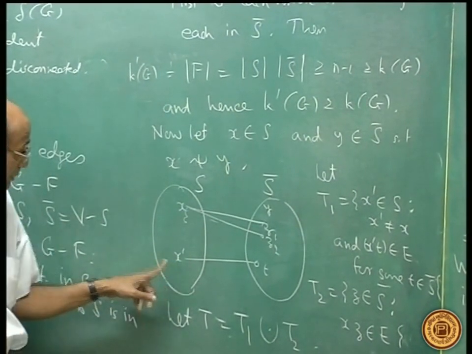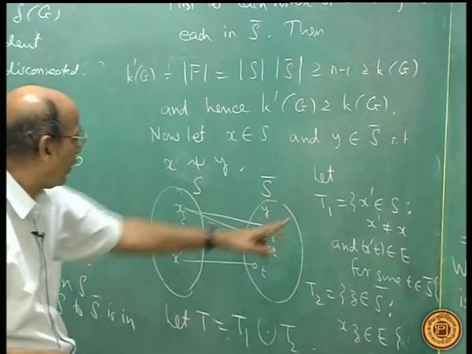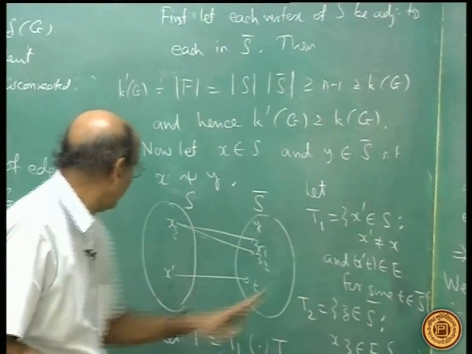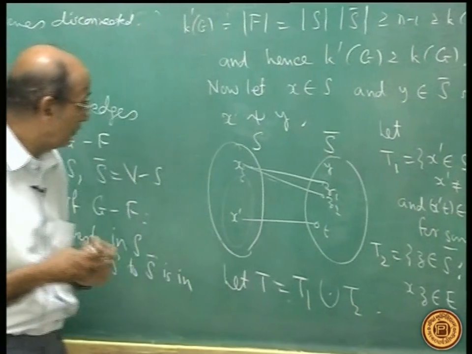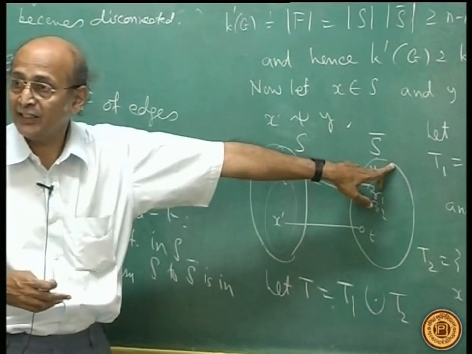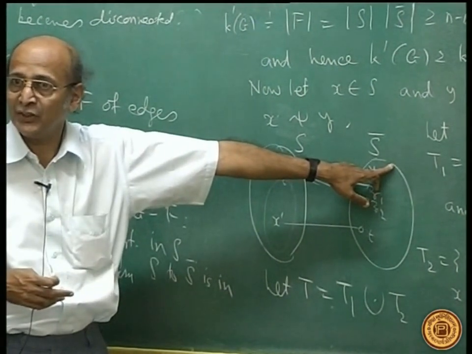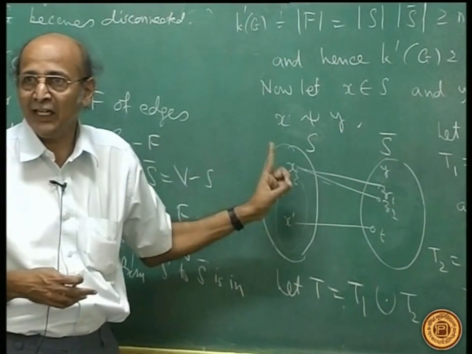Okay. But you have also removed all the vertices in S other than x. So these are all removed. Therefore, there is absolutely no way you will be able to go from x to y. Is that clear? You have taken care to see to it that G minus T has no path left from x to y.